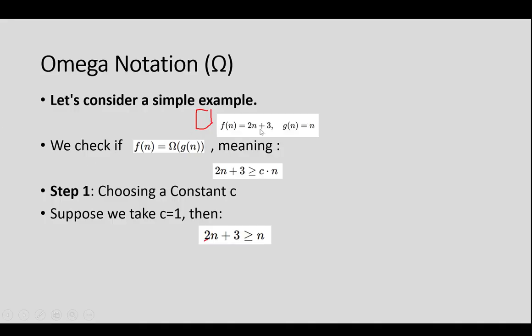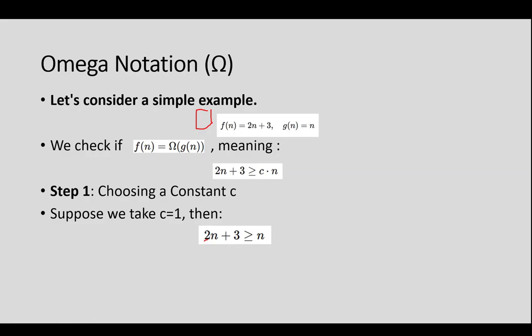So f of n is equal to 2n plus 3 and g of n is equal to n, and f of n is big omega of g of n. What is the meaning? Instead of f of n, I'll be substituting 2n plus 3, and instead of g of n, I'll be substituting n, multiplied with a constant. After that, step one is we'll be choosing some constant.